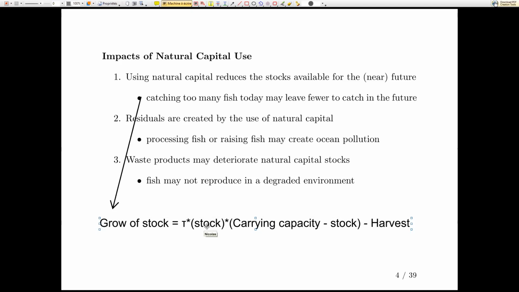If I have no fish, it doesn't grow. Or if the stock equals the carrying capacity, then this minus the stock will be 0, and the rest is just a constant. So it looks like if you start, it's going to grow fast, and eventually it's going to stabilize. That's logistic growth.